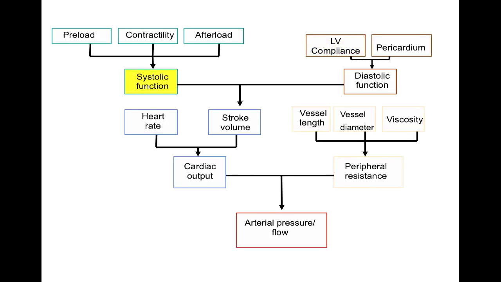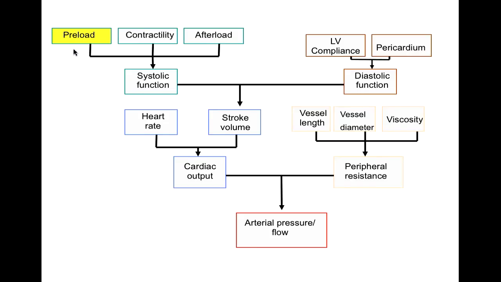Let's move over to the last group of things, and that is systolic function. So if diastolic function was the relaxation, systolic is the contraction. And we're going to look at the last three items associated with it. Number one is preload.